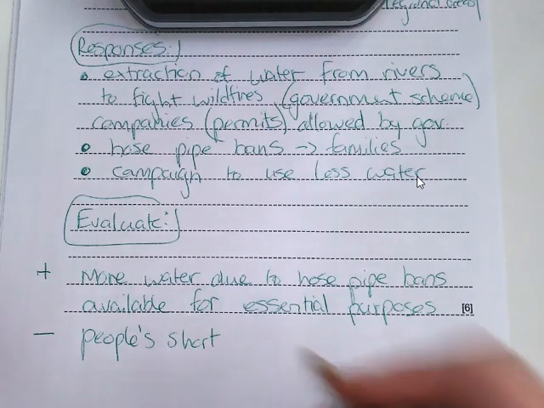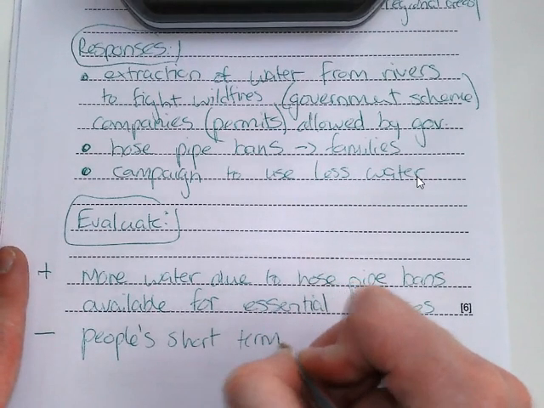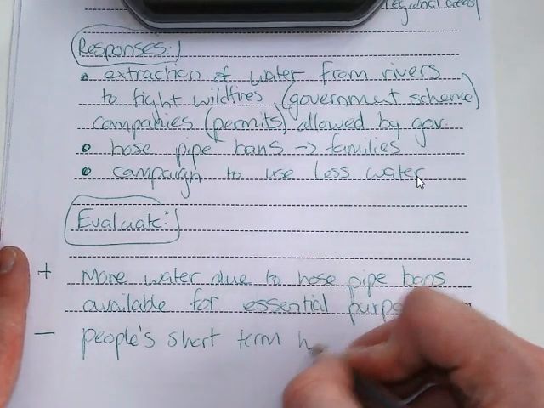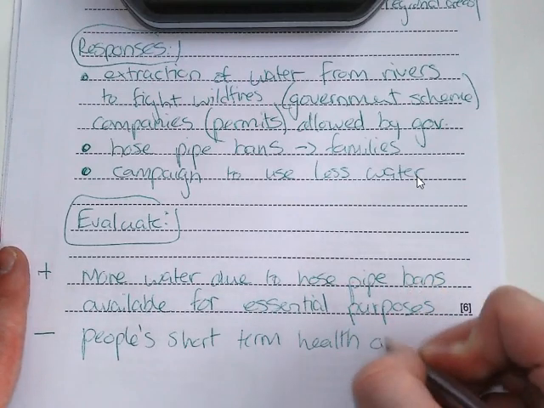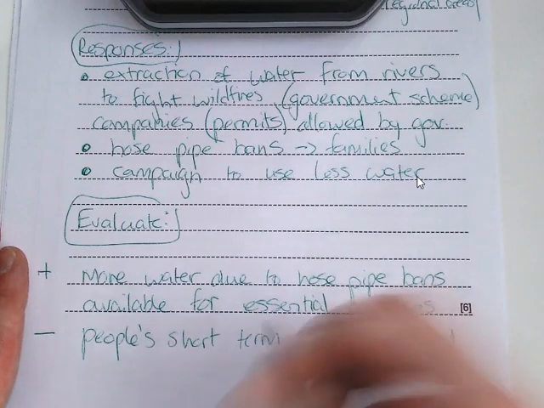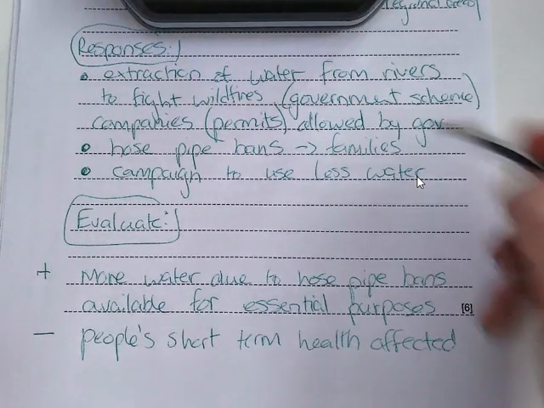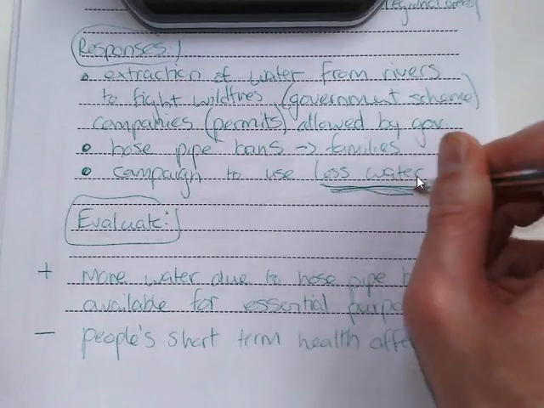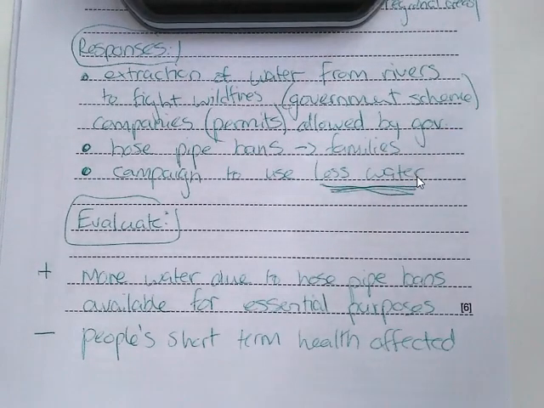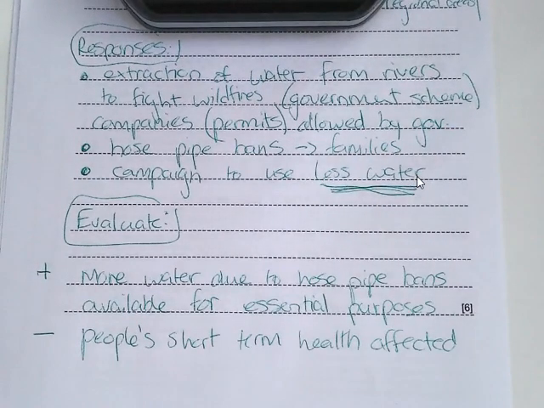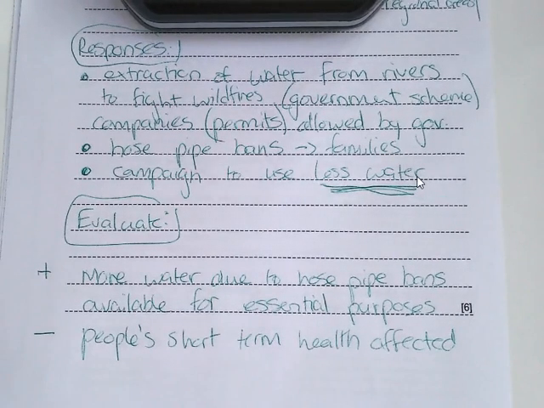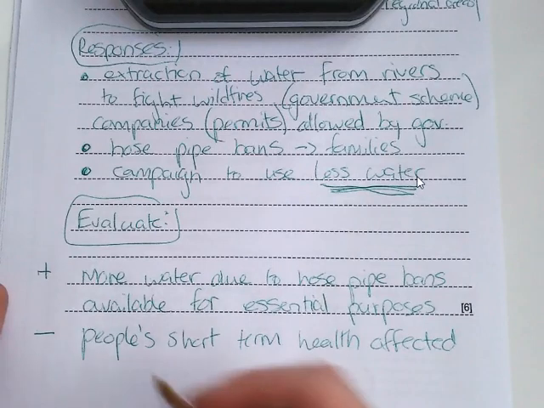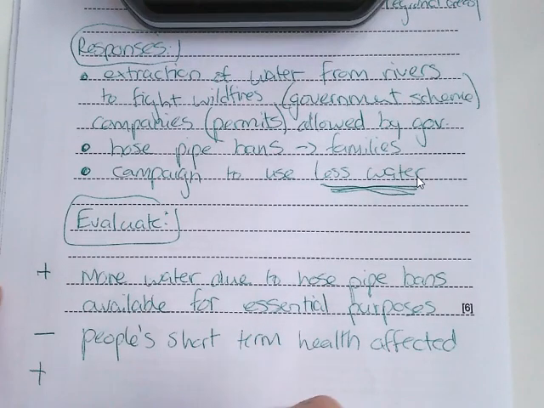People's short-term health was affected not just by this, but also by the campaign to use less water, so people were trying to use less water while brushing their teeth, affecting their hygiene, or using less water to boil their kettle, so they're drinking less water, staying hydrated less, and so on and so forth.